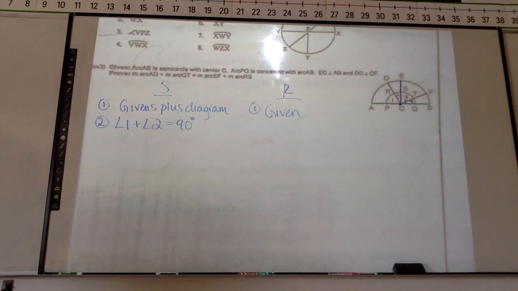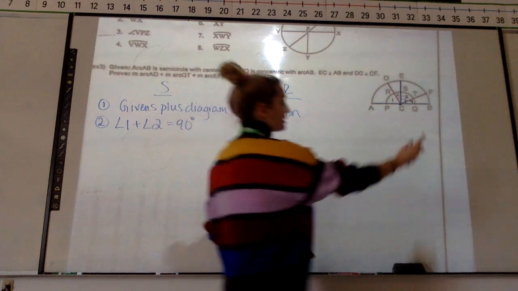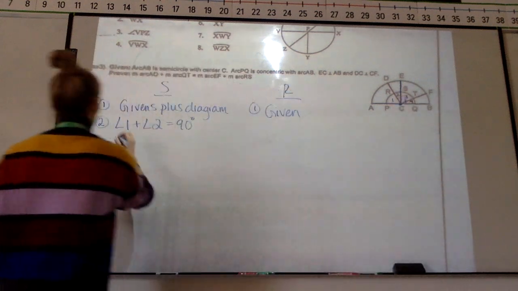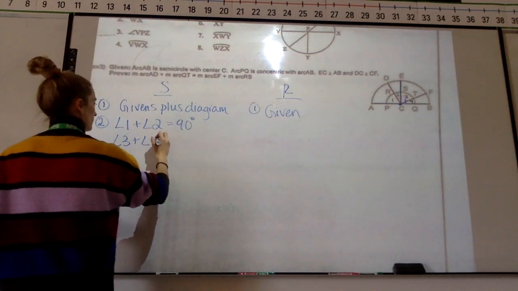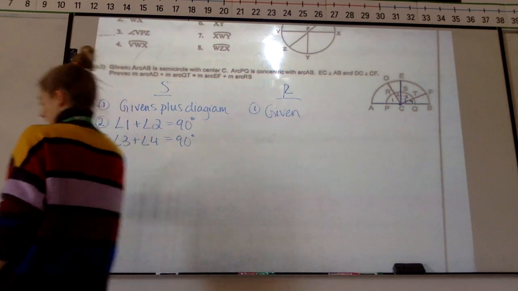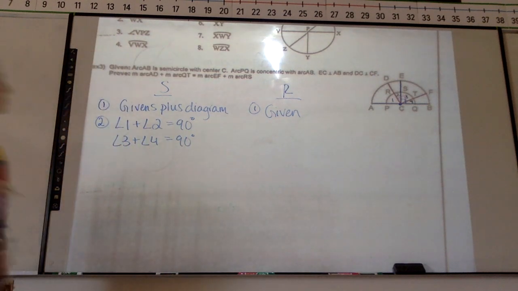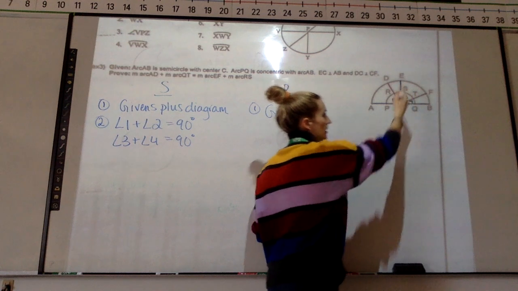I also know angle 3 plus angle 4 is 90 degrees, right? The two angles on the other side. And I know angle 2 plus angle 3 in pink, that's 90.